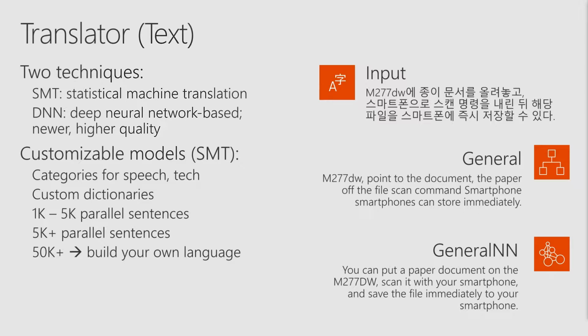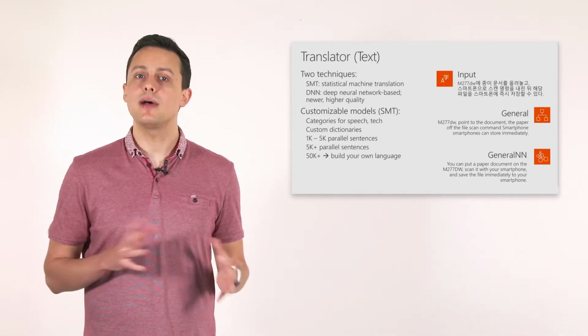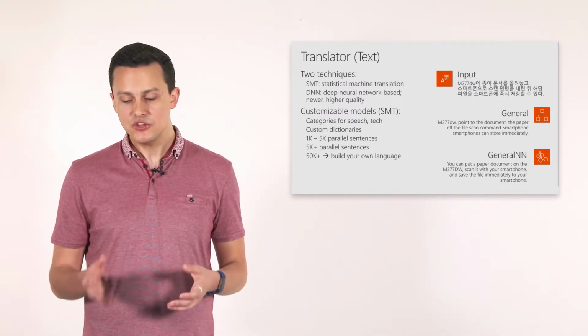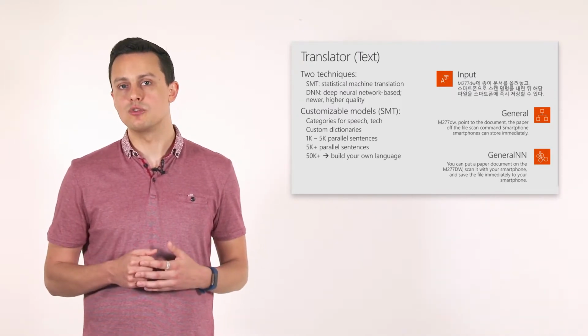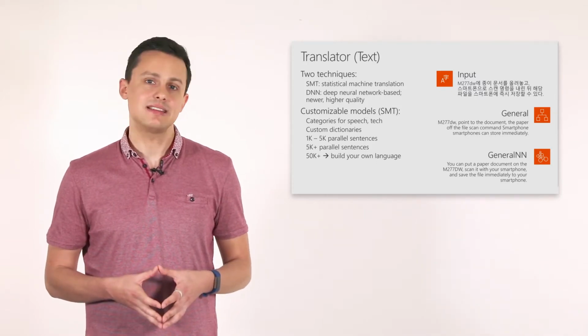The reason I show you both of these models is that they're both available to you as a developer. You need to specify the model that works best for you. So you should evaluate both and then choose the one that works best for your scenarios. But as you can see, the potential of neural network-based models is huge, especially for a number of the East Asian languages.